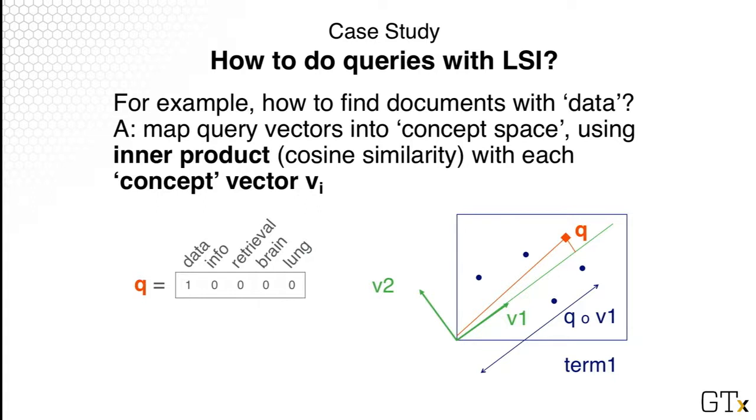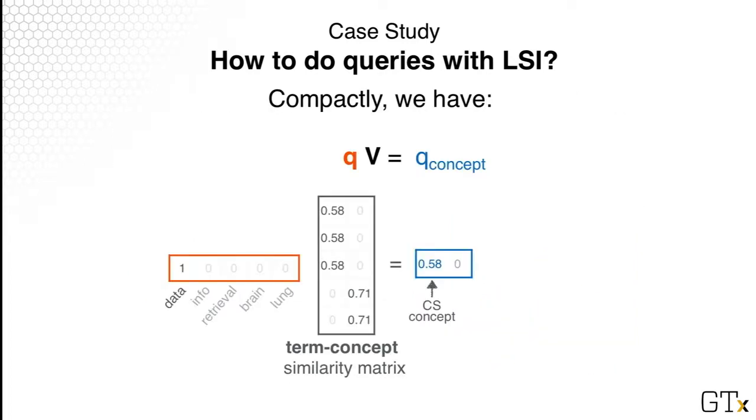And to map this vector, our query, into the concept space, all we need to do is the inner product, or cosine similarity, between our query vector q and each of the concept vectors, like v1 and v2. So that means q·v1, we have one value, and also q·v2, another value. Right? So in mathematical notation, that means q times V, and then we have the q concept vector.